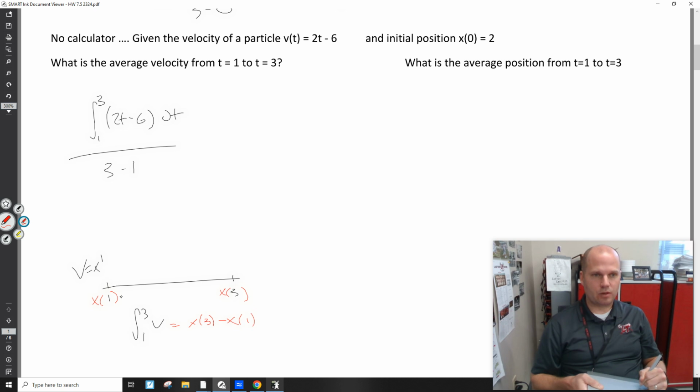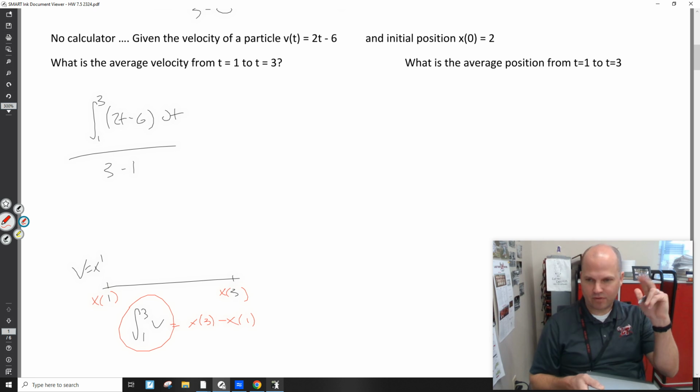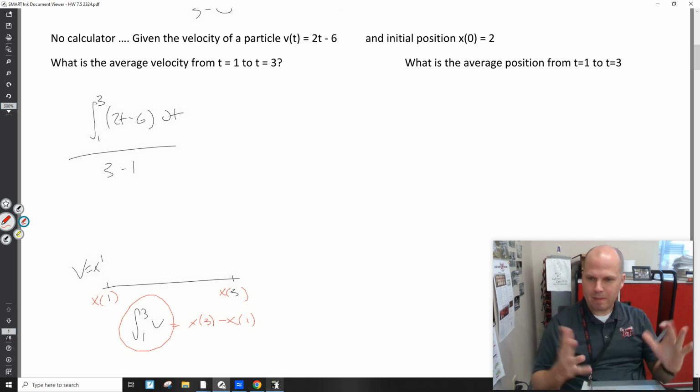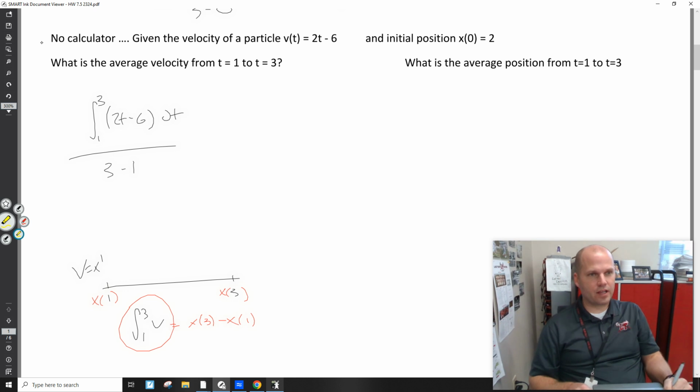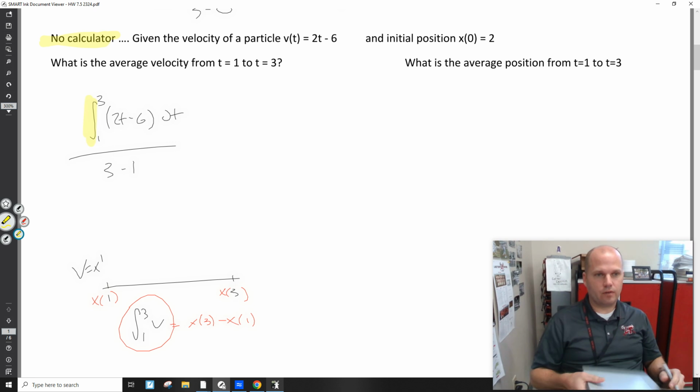And this is what we did with the idea of having plus c's but not worrying about it, because we'll know how much we increase or decrease. We will know what our accumulation is without having to do a bunch of math. You understand this means an antiderivative, okay?